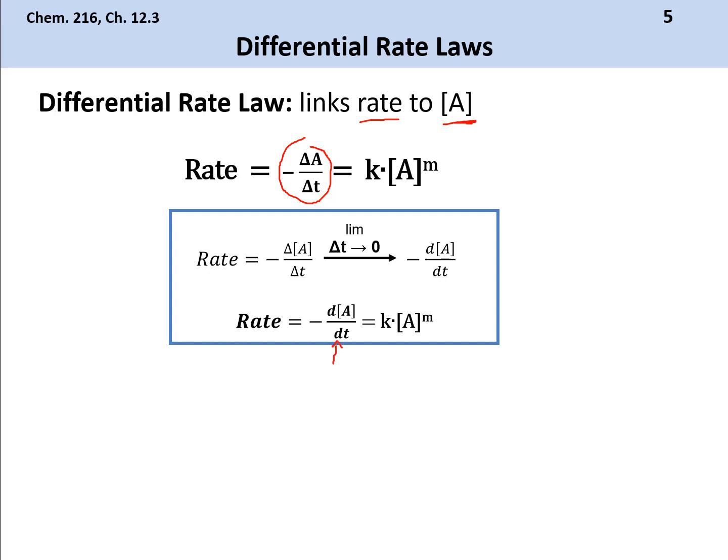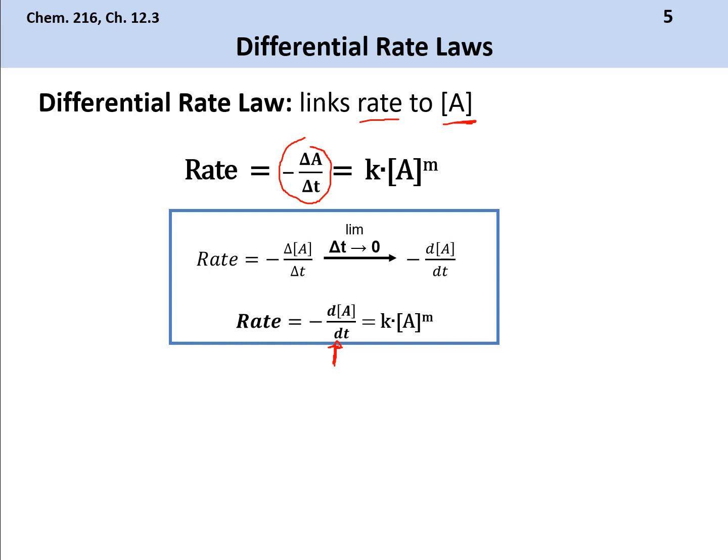So these d's mean we're looking at a very small slice of time. Instead of saying how fast are you going over the next mile, how fast are you going in the next second or millisecond or nanosecond? These are differential rate laws because they have differentials. Later in the lessons, we're going to talk about integrated rate laws, but right now, we're only looking at differentials.